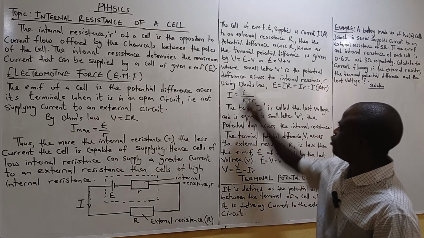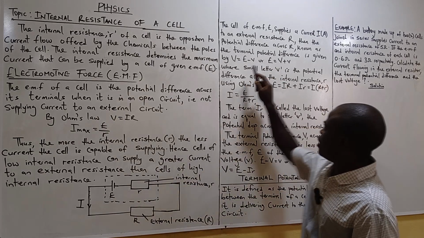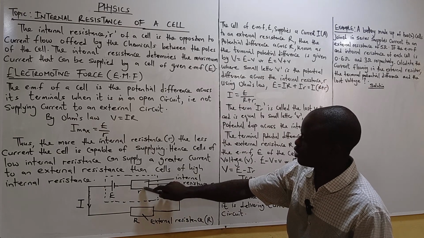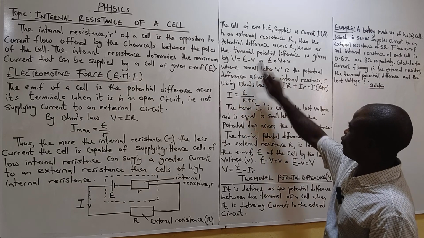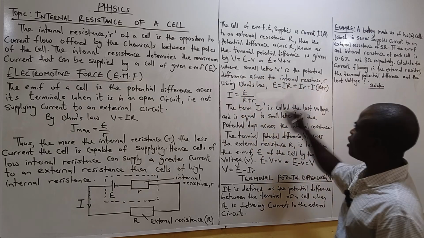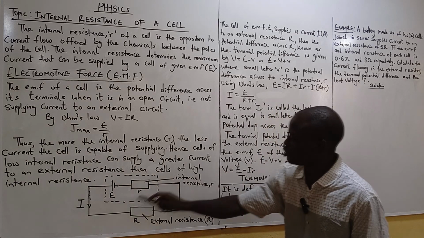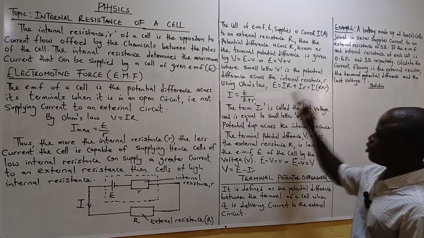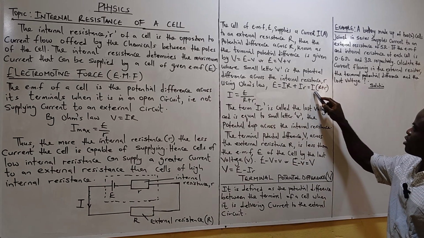The lost voltage v equals I small letter r, and to get the terminal PD you remove I small letter r from the E.M.F. This is a very important formula, where small letter v is the potential difference across the internal resistance r. Using Ohm's law, E, the E.M.F, equals IR, the terminal potential difference, plus the lost voltage. Is that okay? When you factorize, I is common.